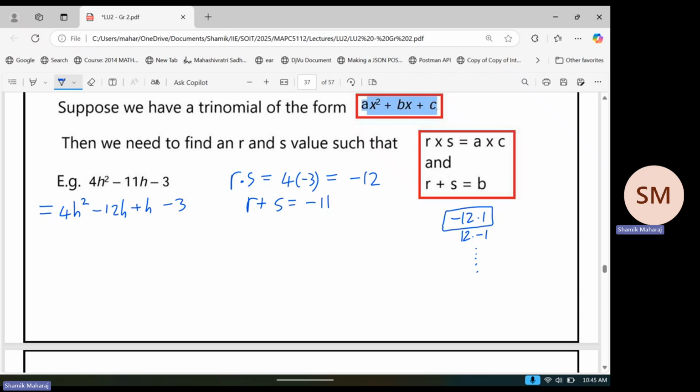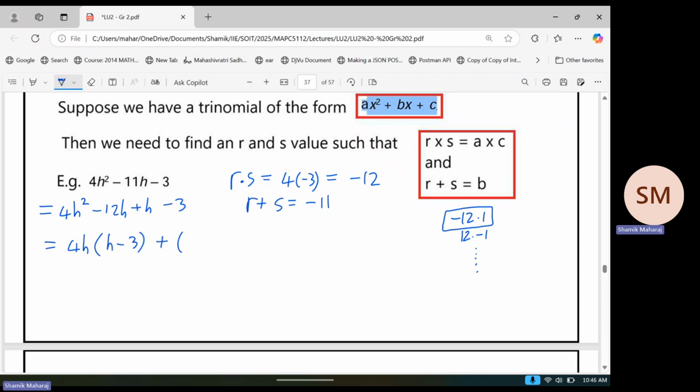Okay. All right, so from there, we just factor something common out from the first two terms and then from the second two terms. So from the first two terms, we can pull out a 4h, and then we're left with an h minus 3.